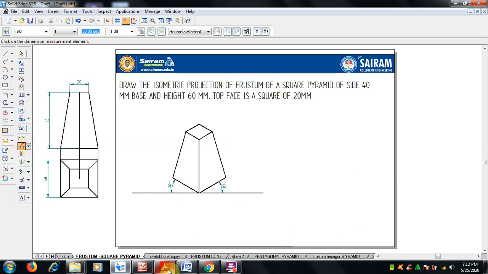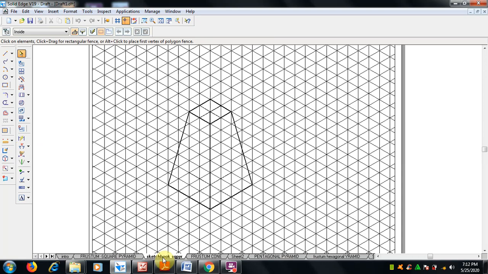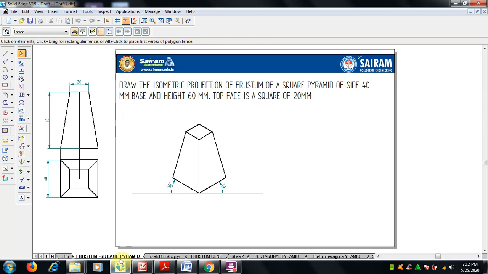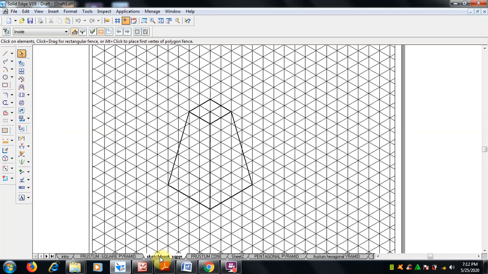So now this frustum of a square pyramid is done in both the sketchbook and the drawing CAD. Okay, by using Solid Edge, both we have completed. Clear, right? Then let me go for the next one.